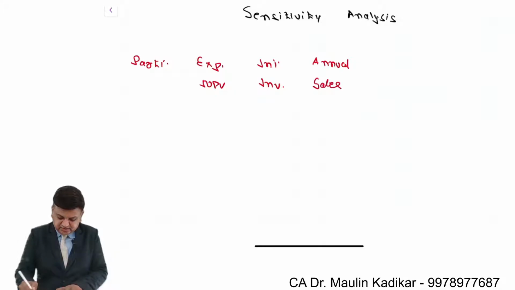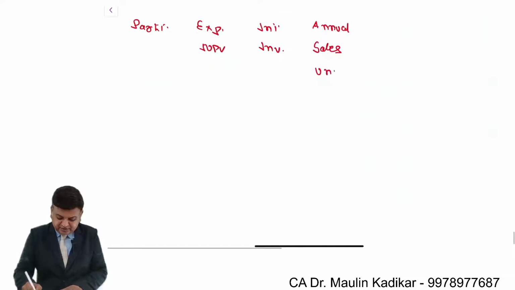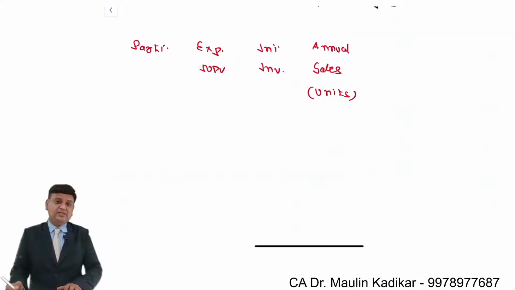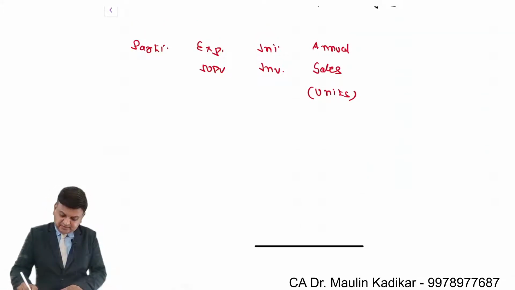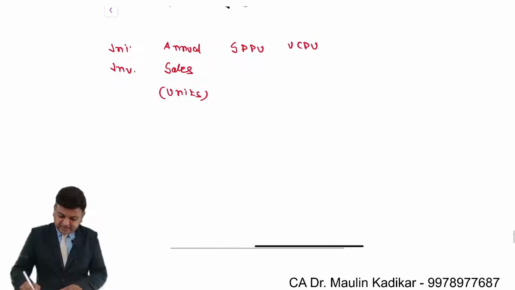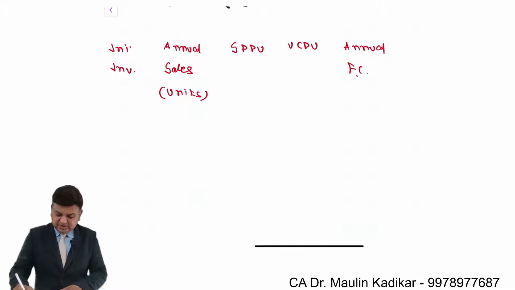Then annual sales in terms of number of units. If at all it is declining, what is the NPV? Then selling price per unit. If at all it reduces, variable cost per unit. If it increases, then annual fixed cost. If it increases, discounting rate.